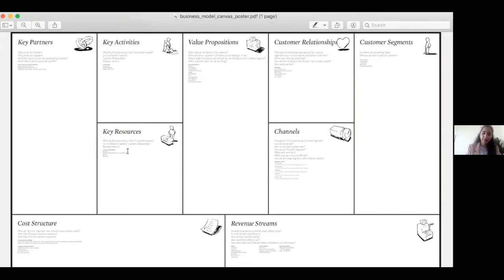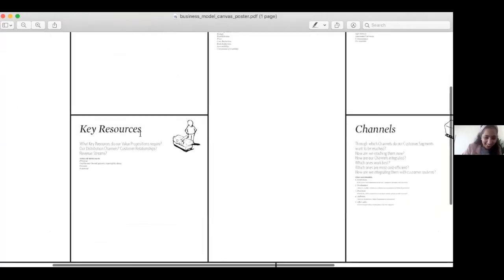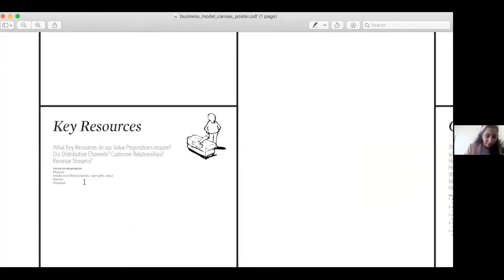Another key resource, for example, that you would need is, let's say, what else? What key resources? Actually, I can't think of any at the top of my head other than what applies to our financial side, for example.